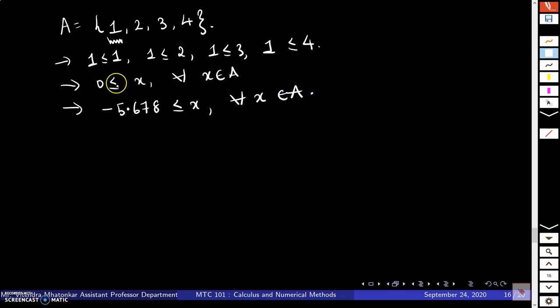Such real numbers which are less than or equal to each and every element of a set are called lower bounds of that set. So this motivates this definition. Let me put it down: lower bounds.